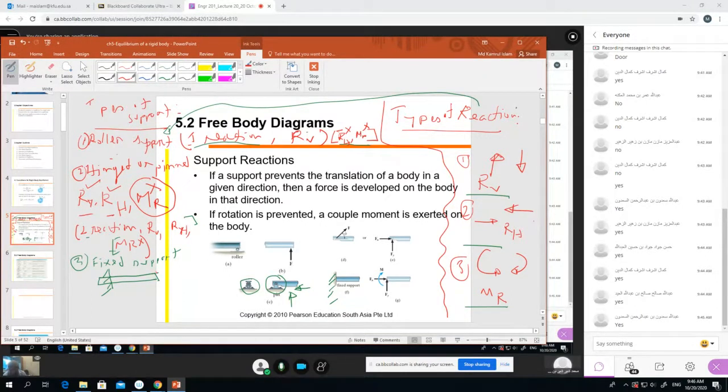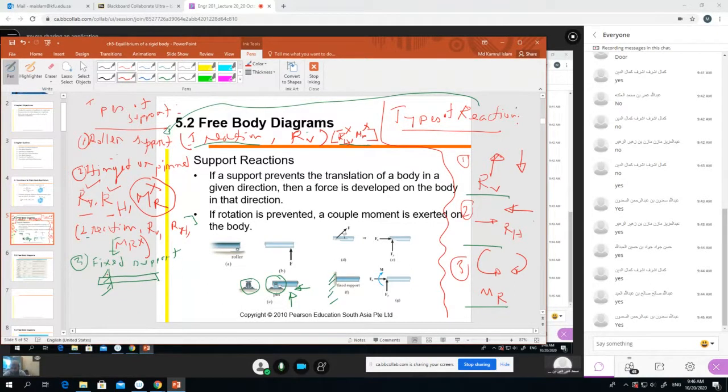If you know an example, I can show you. I'm looking around me. In a classroom we can teach you very easily, but in a video it's difficult. I'm looking for something I can show you as an example, so you can easily understand what the fixed support is, right?